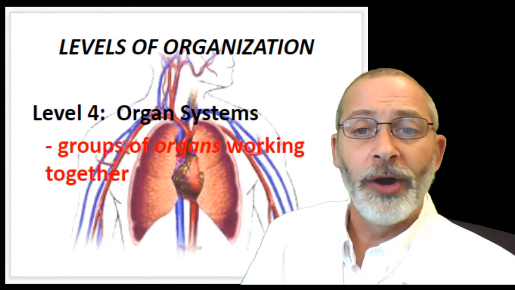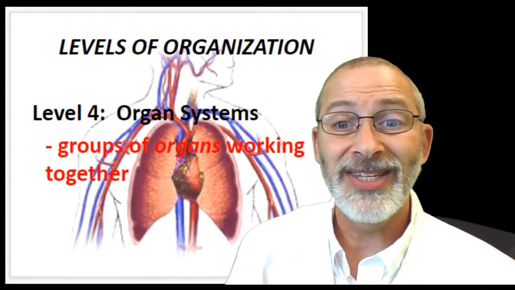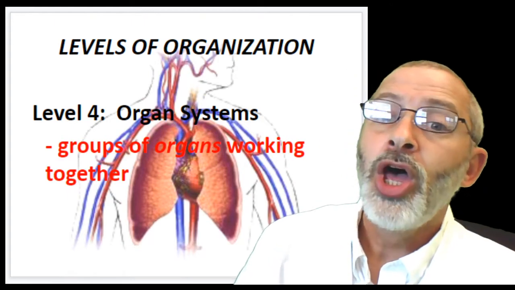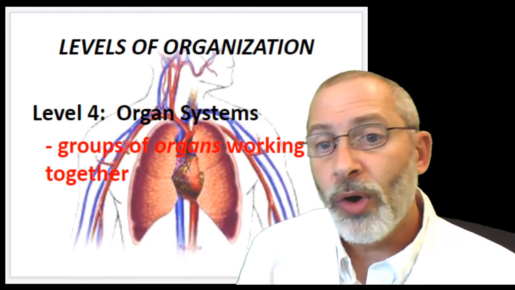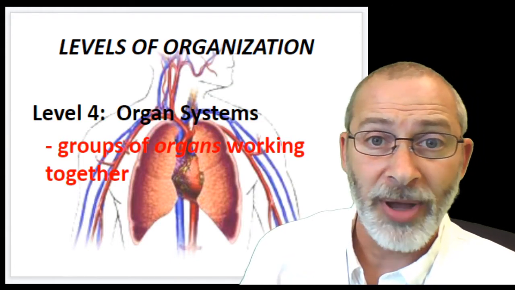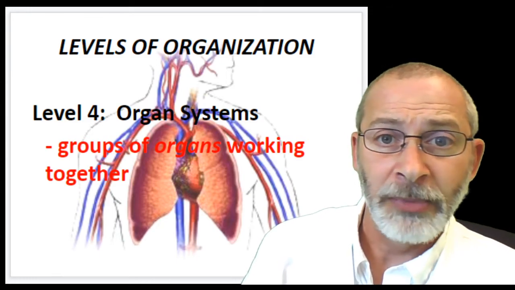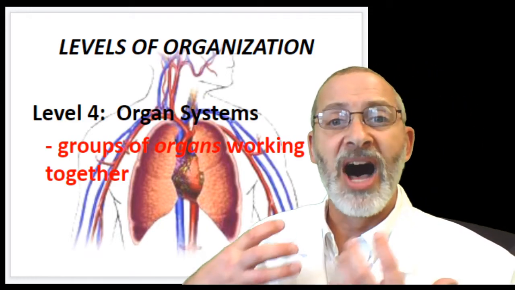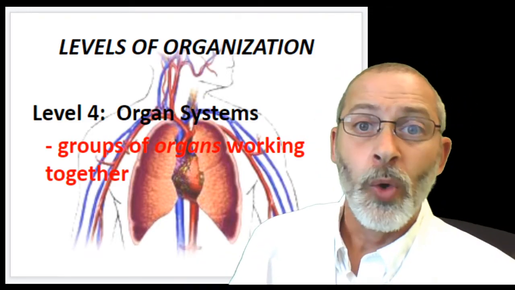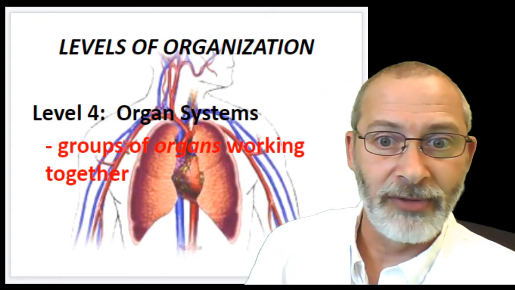Level 4 are the organ systems. Organ systems are groups of organs working together. And again, we're not talking about pipe organs that you might find in a cathedral of some kind. They're bodily organs, organism organs. Ooh, I gave a word away for our next level, too.